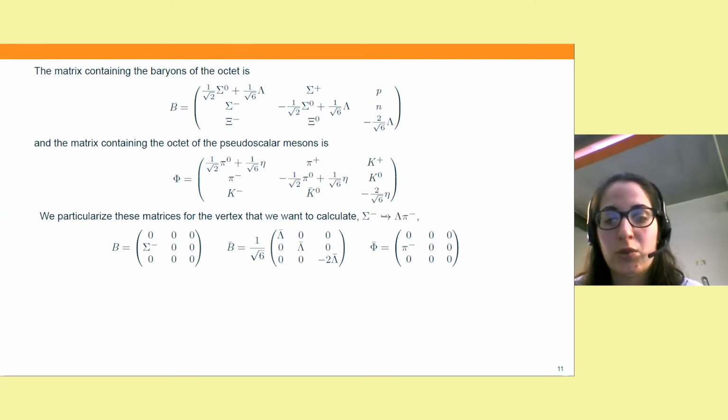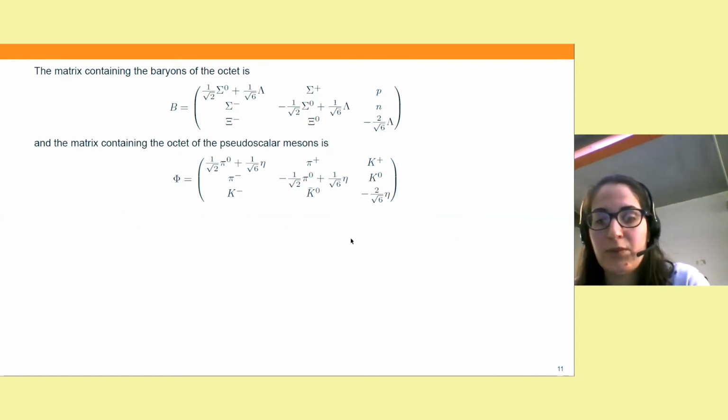So for the B, we will have only the sigma minus field, because these are annihilation fields. So it's the entering baryon in the vertex, the sigma minus.